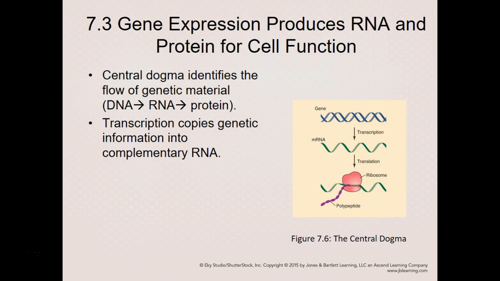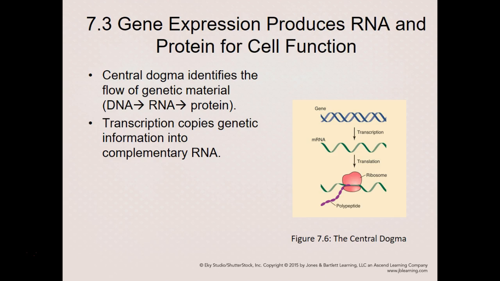So now we're going to get into protein synthesis. The central dogma of biology is DNA codes for RNA, which codes for proteins. So DNA carries the information of all of our genes.